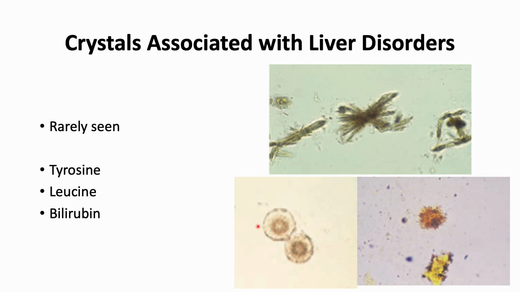Leucine crystals are yellow-brown spheres that demonstrate concentric circles and radial striations. The bilirubin crystals are clumped needles or granules with the characteristic yellow-brown color of bilirubin, often seen in hepatic disorders.